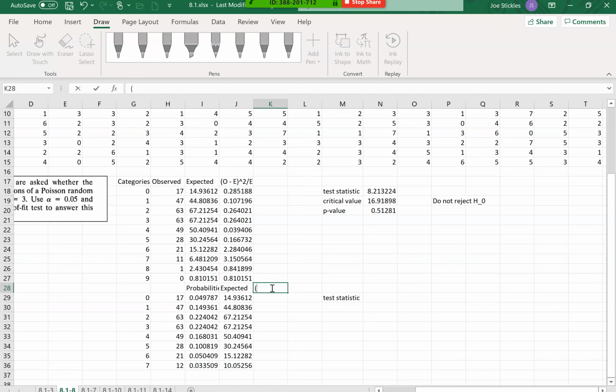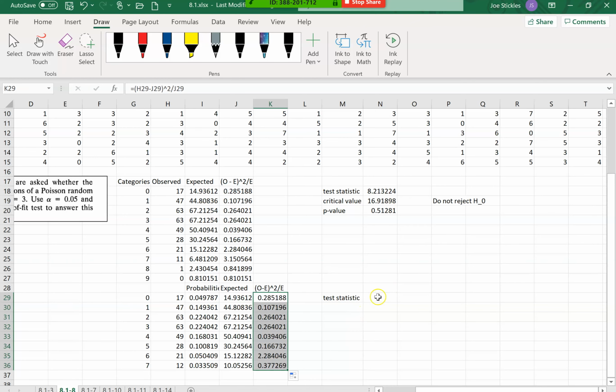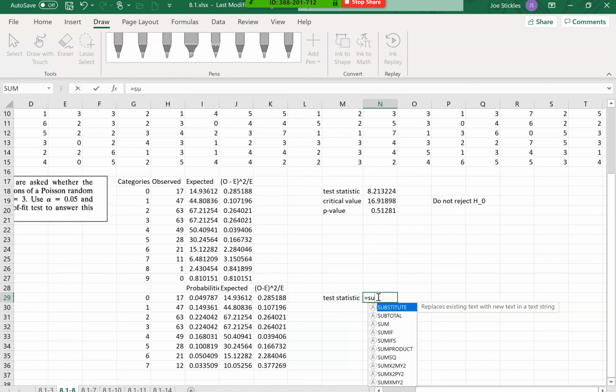I should get 300 out of that. All right, I need to do my observed minus expected squared over expected. Now copy down. And now sum up.